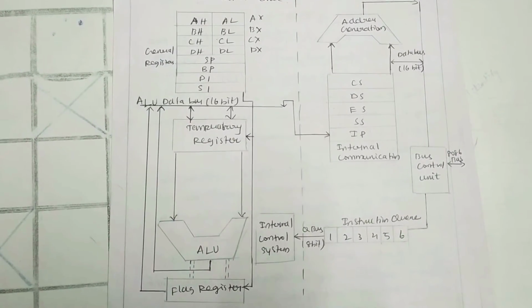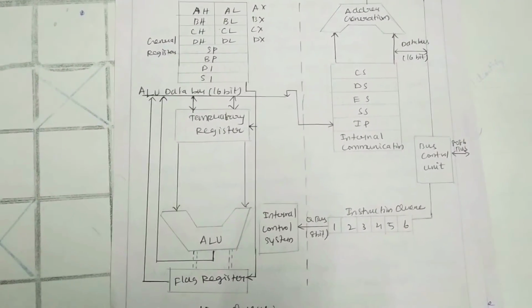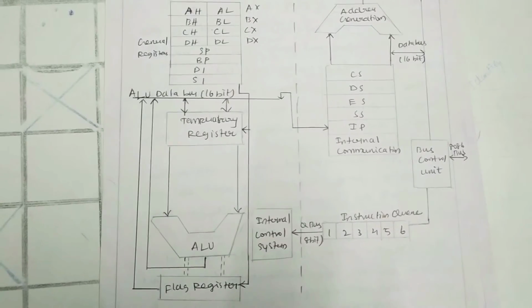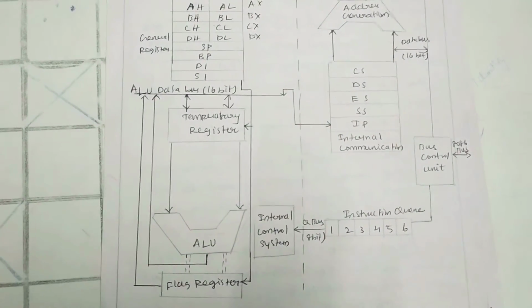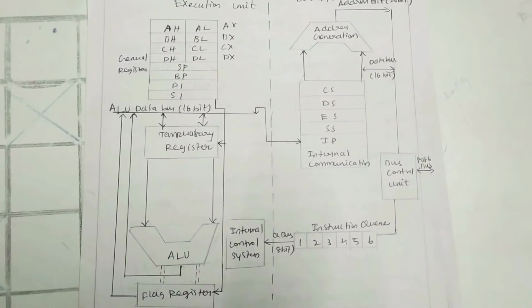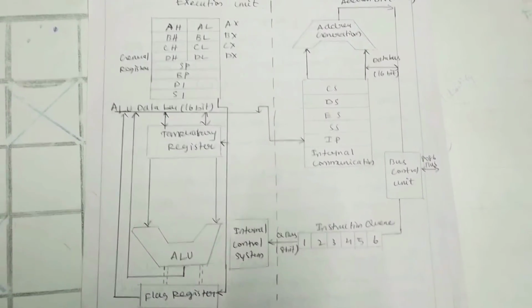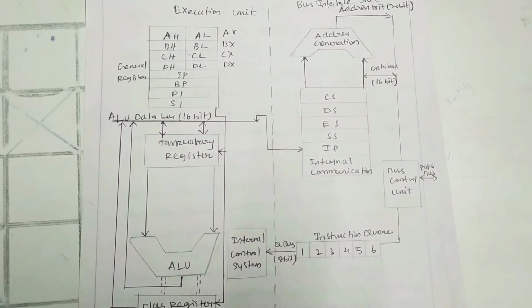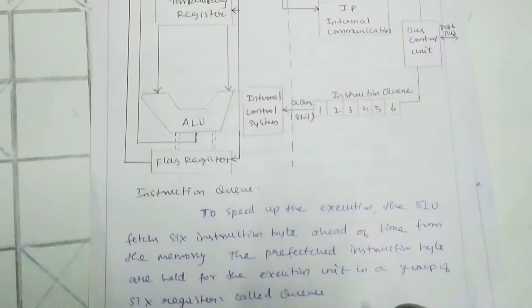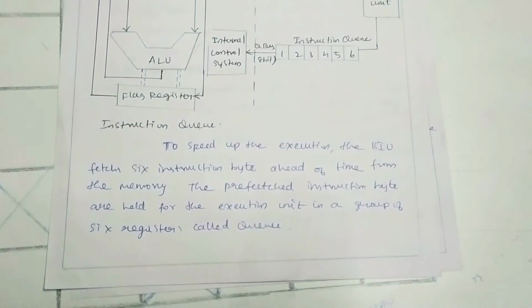There are temporary registers also provided. The ALU is used to do arithmetic and logical processes. The flag registers serve their own purposes, and then the process is executed in the execution unit.